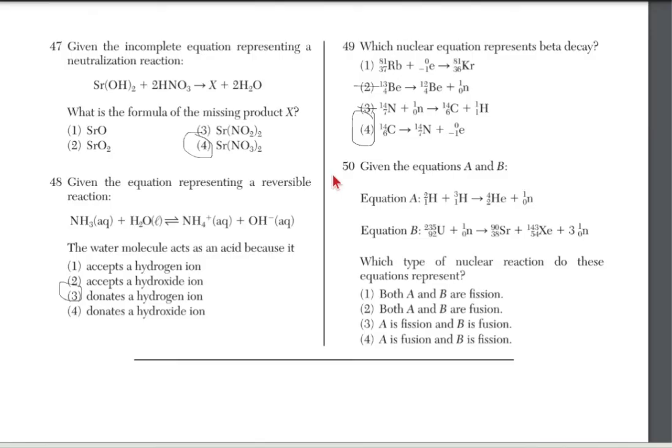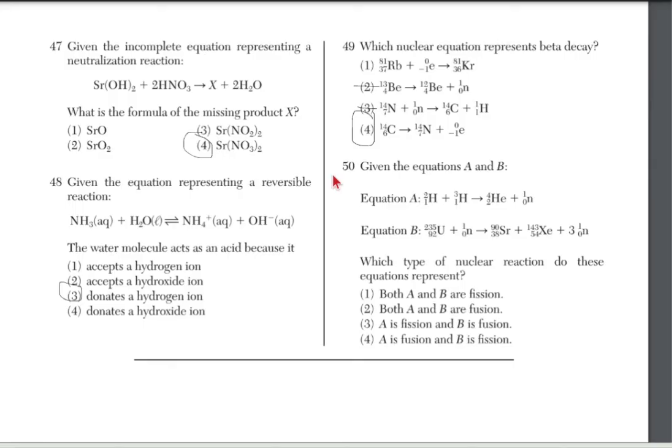Given the equations A and B, which type of nuclear reaction do these equations represent? Fusion is when lighter nuclei combine to form a heavier nucleus, and fission is when a heavy nucleus is split into smaller nuclei. Looking at equation A, hydrogen with an atomic mass of 2 and a hydrogen nucleus with an atomic mass of 3 are combined to form a helium ion with a mass of 4.